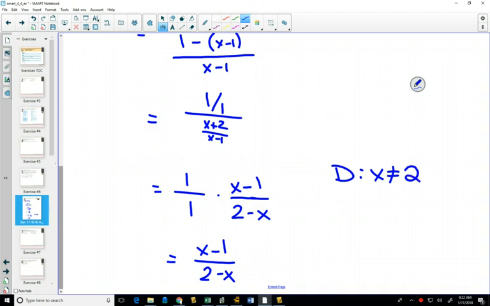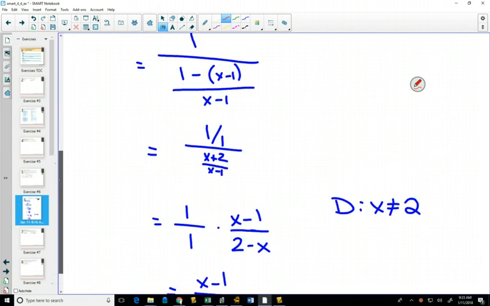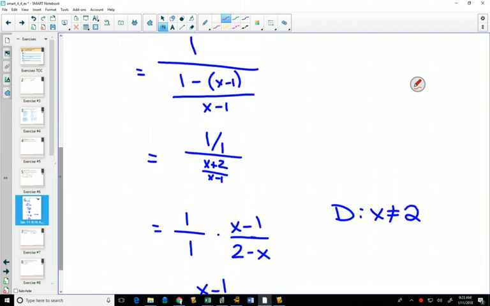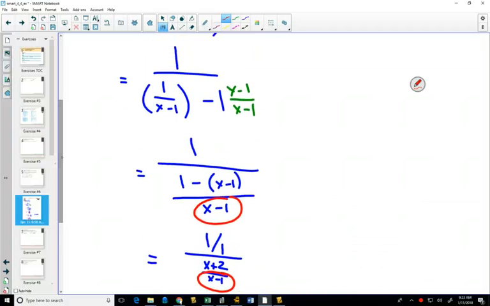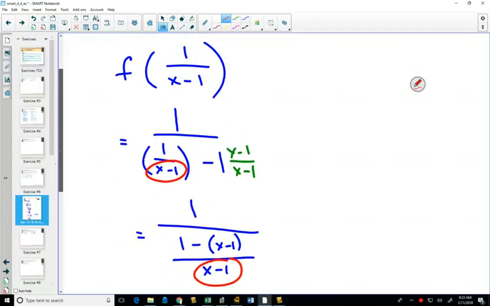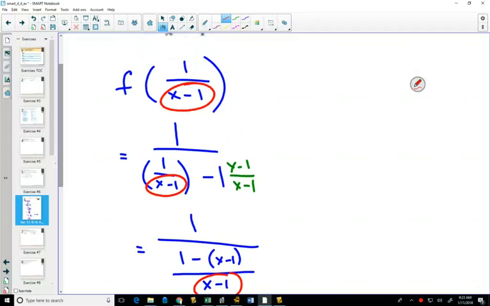But the reason I wanted to do this example is this is an example where if you just look at your final answer, your only non-permissible value is x can't equal 2. Because you're dividing right here by 2 minus x. Are there any other places in all of our work where we're dividing? Yes. We're dividing here. We're dividing here. We're dividing here. We're dividing here.